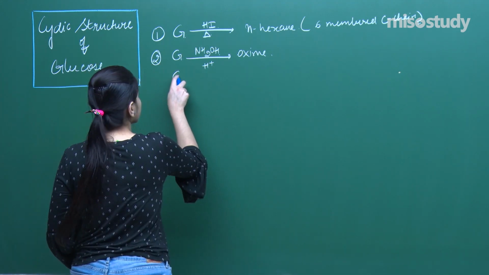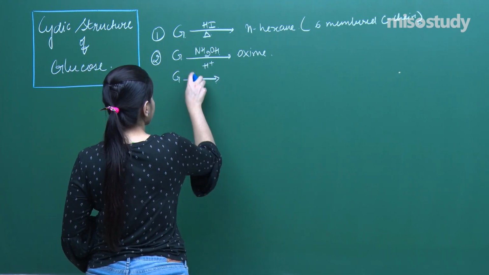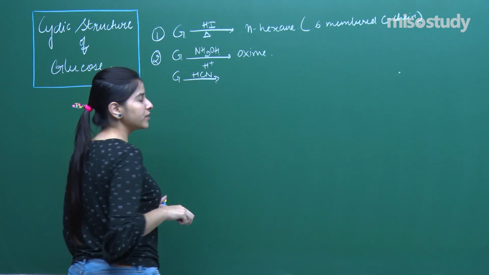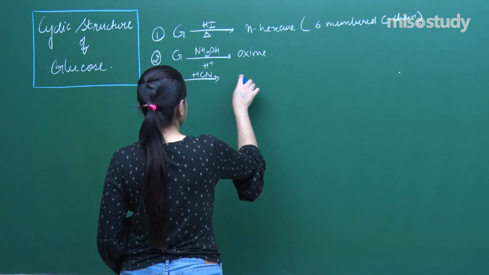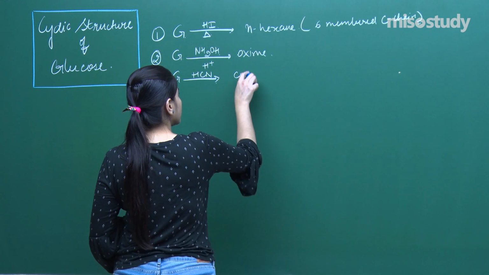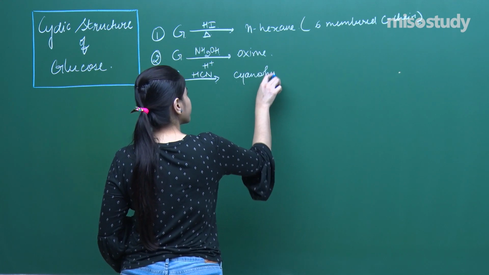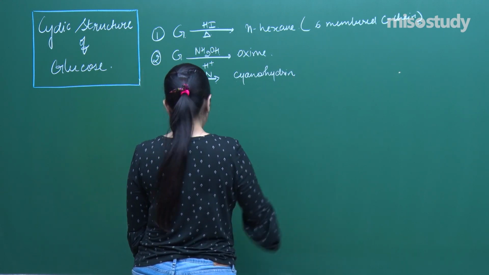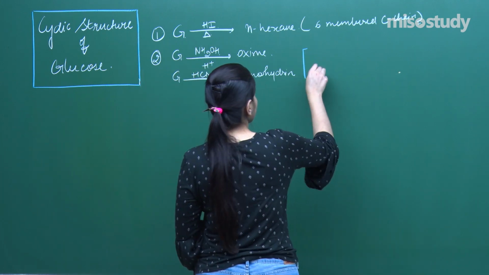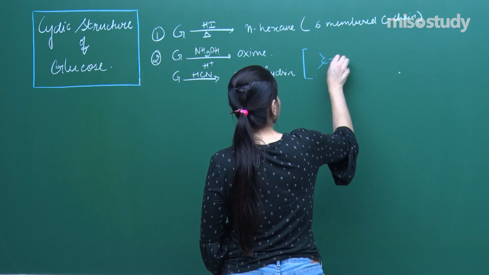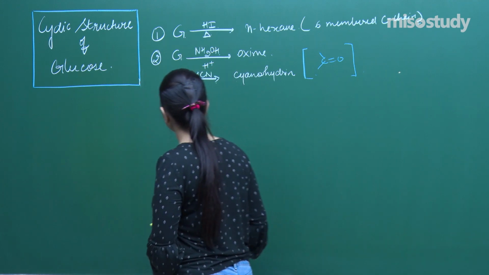And another reaction we had done with hydrogen cyanide, yes. So, we got the cyanohydrin. Now, from both of these cases I had confirmed that a carbonyl group is present, right.